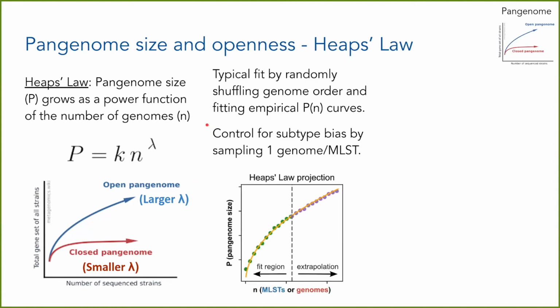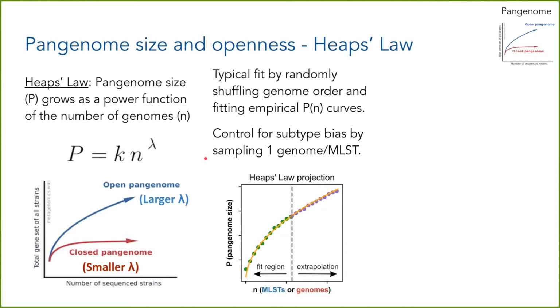Typically, Heaps' law is fit by randomly shuffling the order of your genomes, fitting the resulting empirical pangenome size curves, and reporting the mean or median of the fitted parameters you get from these genome shufflings. However, given that we had this MLST subtype bias in some of our datasets, we decided to control for this by, instead of shuffling all the genomes for each iteration, sampling just one genome per MLST subtype.